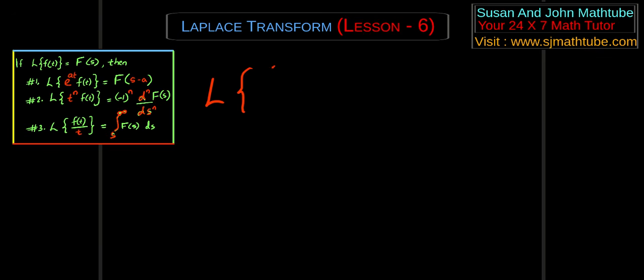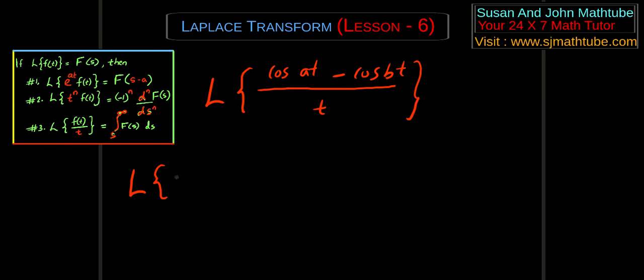Laplace of (cos at minus cos bt), the whole divided by t. Please mark it important. Whenever you have divided by t, we write the Laplace of the numerator. So what is Laplace of cos at minus cos bt?